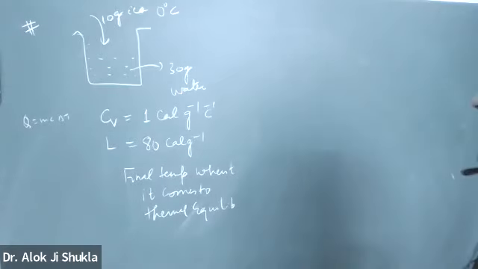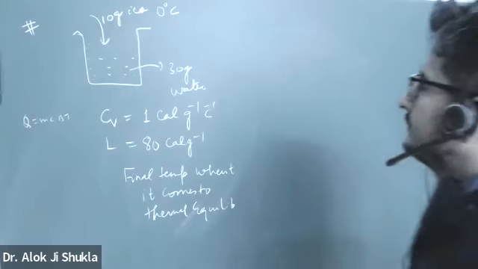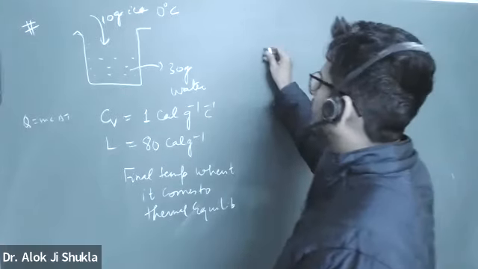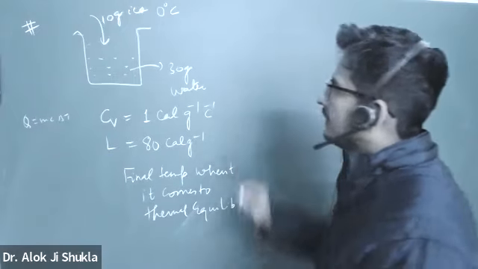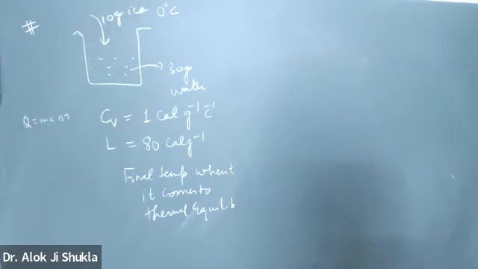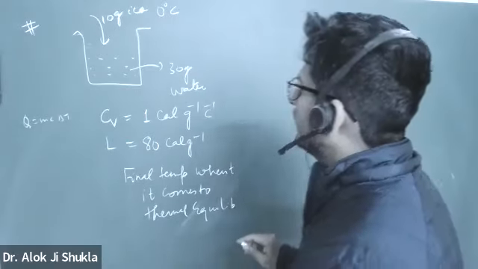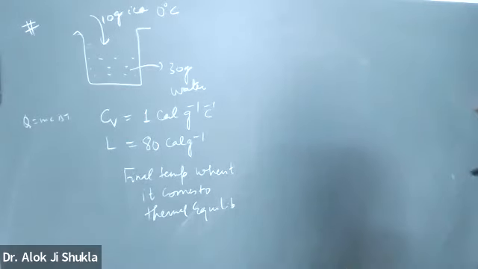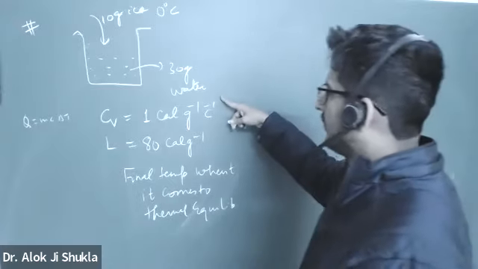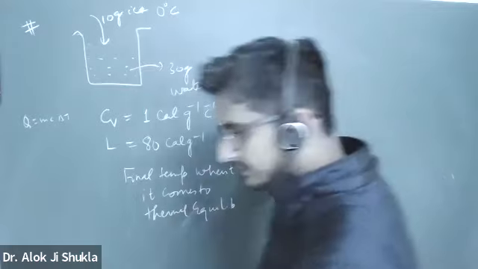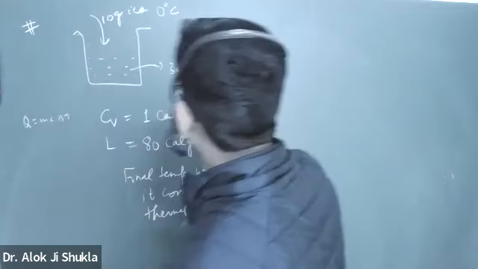So what is going to happen? You have 30 gram of water and 10 gram of ice. When you mix ice into the water, the first thing is how the common temperature will be reached. Here 30 gram of water was at what temperature? 25 degrees Celsius.